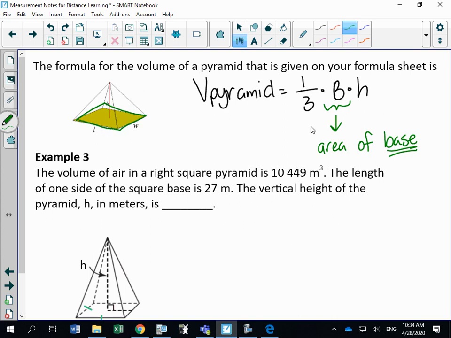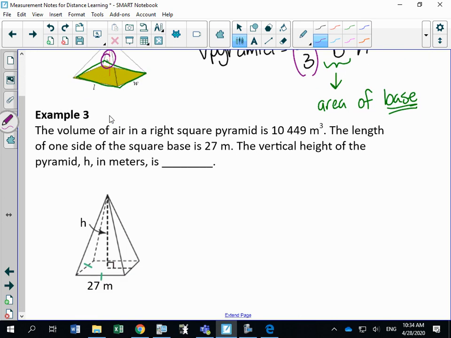And in order to get big B, you need the area of this base, which is just length times width, right? So it's 1/3, and remember that with fractions you always type in a bracket, times big B, whatever length times width is, and then that times the height, which would be that number there, from the apex to the center of the base, okay?